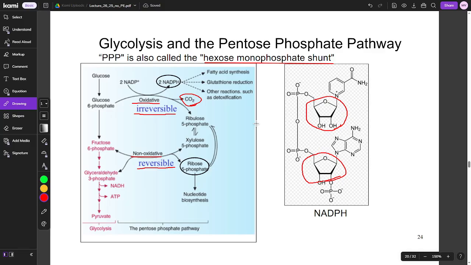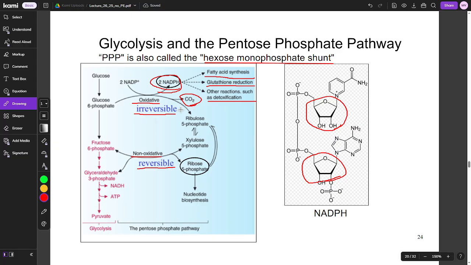It's gone. The other thing you should notice is that we also make NADPH, and this NADPH is used to make all sorts of things like fatty acids, and for glutathione reduction. So glutathione is the oxidative stress guy. It stops the cell from being oxidized a bunch and then dying. It also helps with other detox things. Basically, it's very helpful for keeping the cell safe and not exploding.